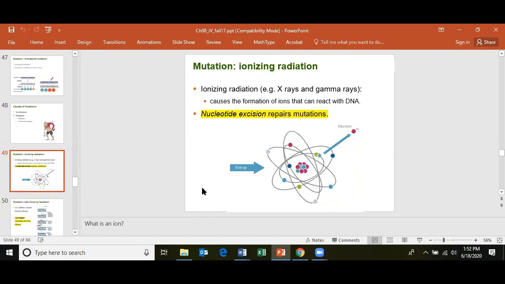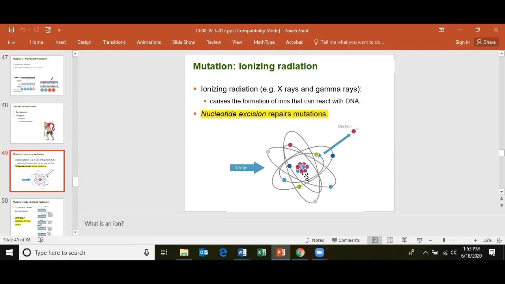There's ionizing radiation, such as X-rays and gamma rays, and when they hit an atom in a molecule, like a carbohydrate or DNA, they cause the formation of ions. Usually they give so much energy to an electron in the atom that they collide with that the electron is shed from the atom, and that makes an ion.